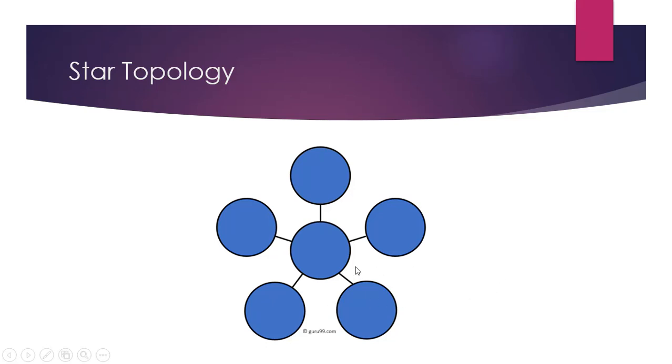So it is really extensible, and secondly it is more robust than the bus topology, and it is easy to debug, while in bus it is really very hard to debug. So this is another disadvantage of bus topology.